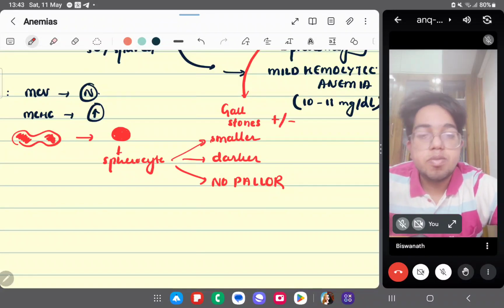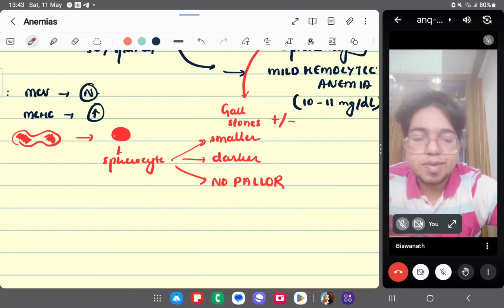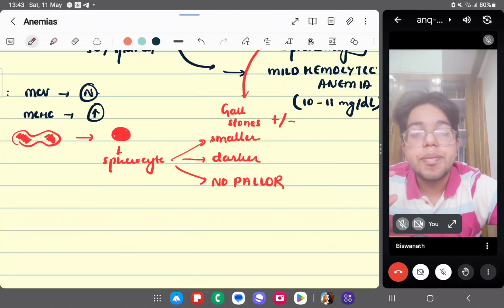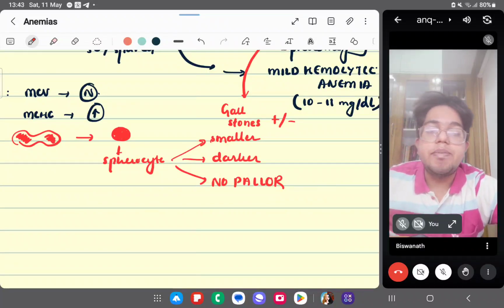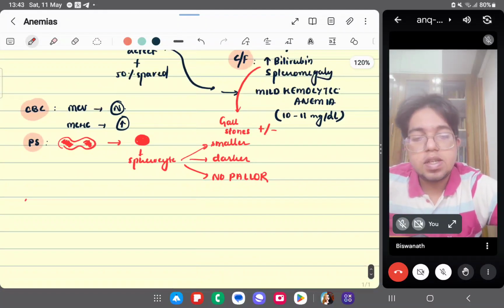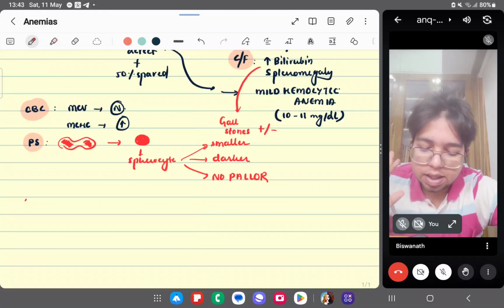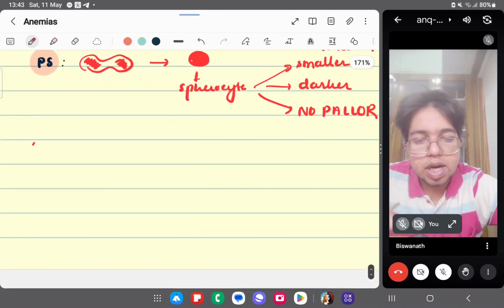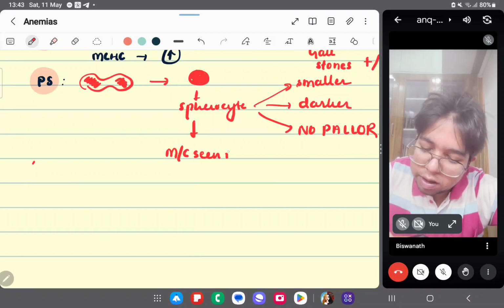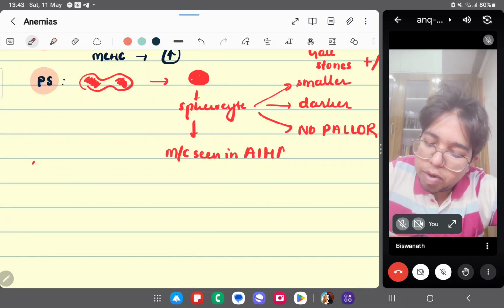Okay. So the most common cause of spherocytosis is autoimmune hemolytic anemia, AIHA. We'll read about that. And spherocytes will be found. And next step, the spherocyte is not a specific finding for hereditary spherocytosis, it is most commonly seen in AIHA, autoimmune hemolytic anemia.